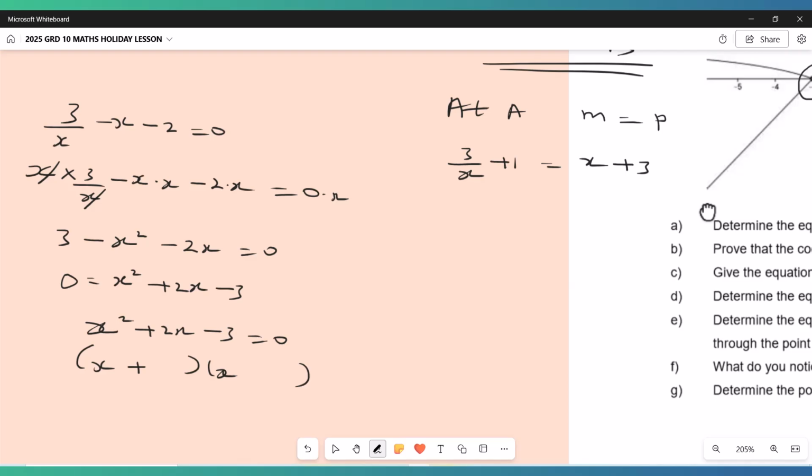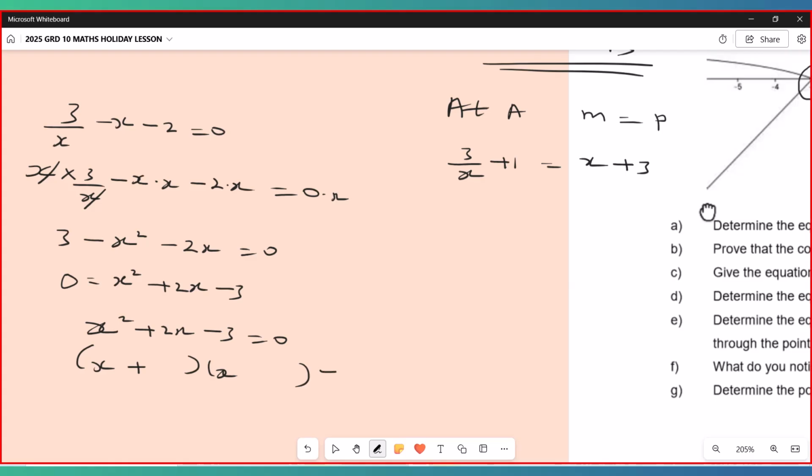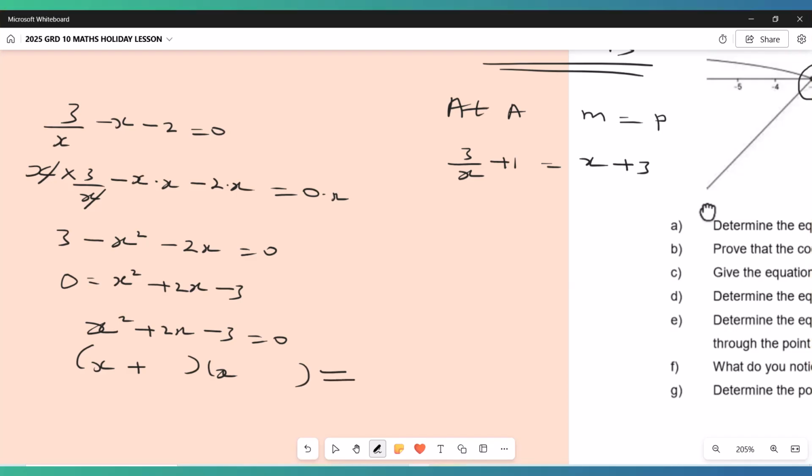Yes, what are the factors here? Tell me somebody. What are the factors here that when you multiply, you get negative 3, and when you add, you get positive 2?